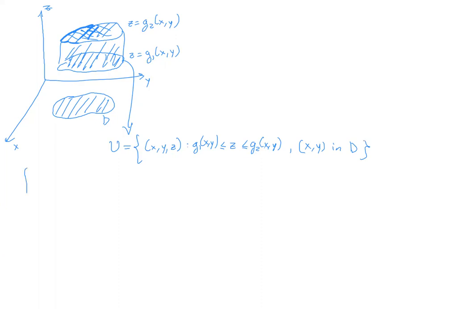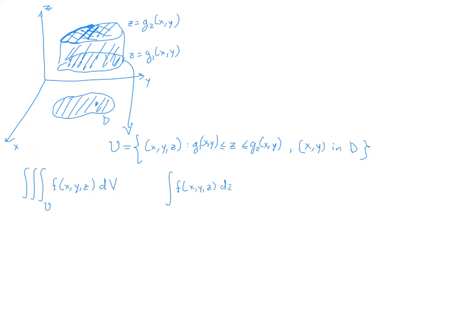So then if somebody asks us, what is the triple integral over U of f of x, y, z dV? Our goal here is to process this domain and write the integral as a triple iterated integral. What we do is perform first vertical integration, meaning in the z direction.